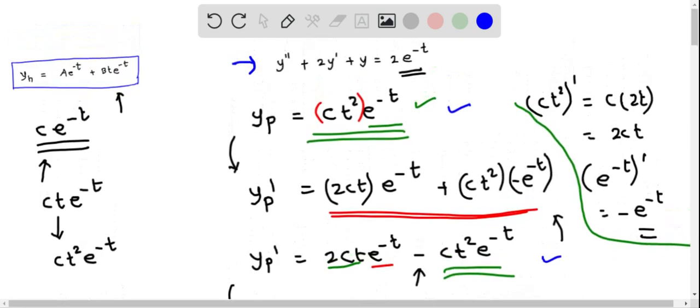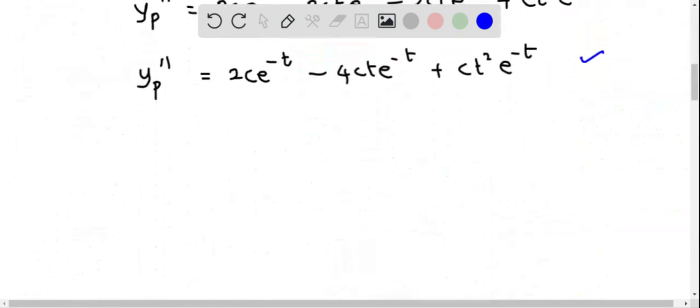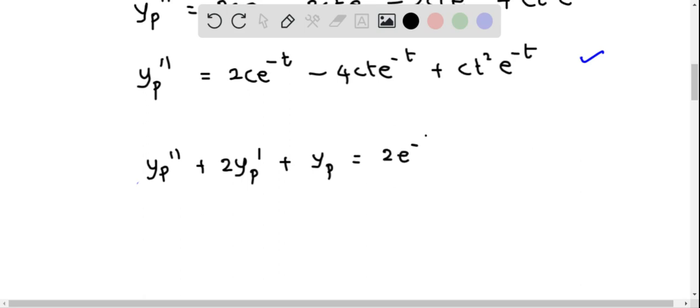So I'm going to rewrite this original equation by including the particular form, that is we will get yp double prime plus 2yp prime plus yp equals 2 e power negative t. So this is the original differential equation written with the particular form.